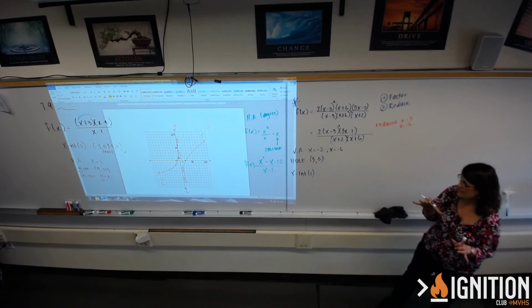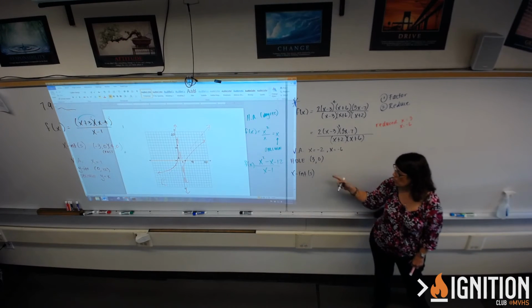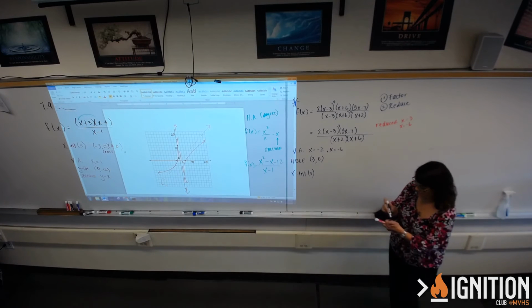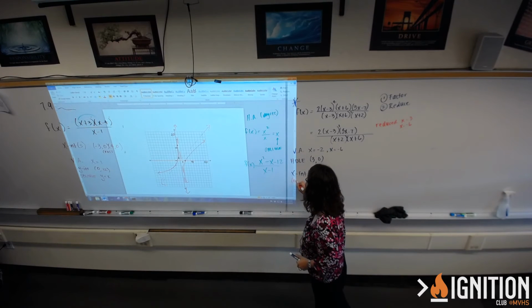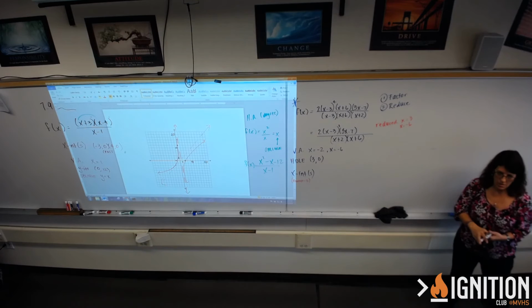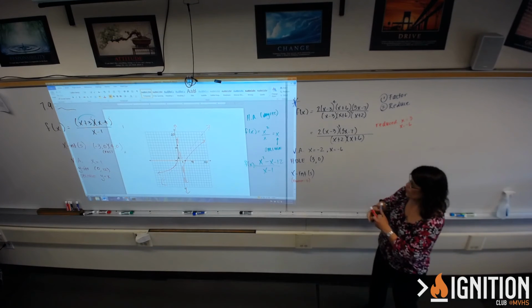Take care of the x things first. So we're taking care of the x things: vertical asymptote, the hole, whatever. The x-intercepts come from the numerator. So if you set the numerator equal to 0, you get, let me write off to the side.